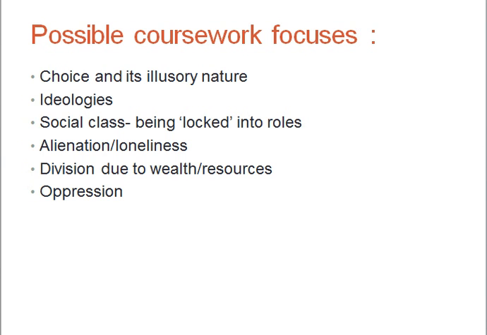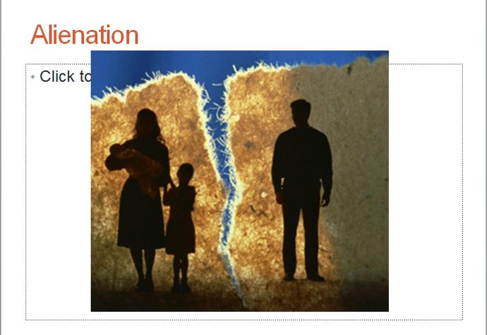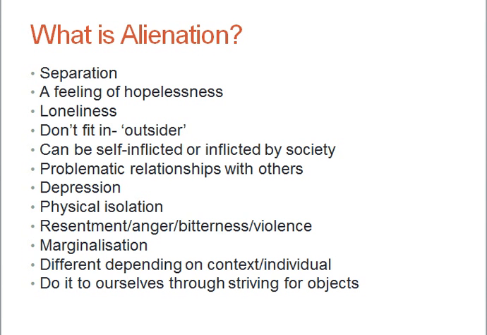So, let's have a quick think then. Alienation probably is one of the key elements of Marxist thinking, and if you're going to tackle this as part of your coursework, it's probably important to think about, what does alienation really mean?